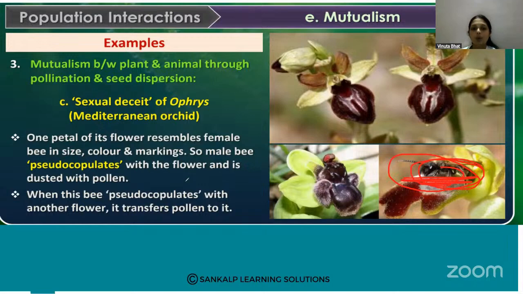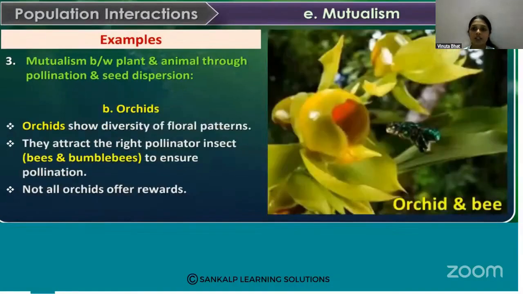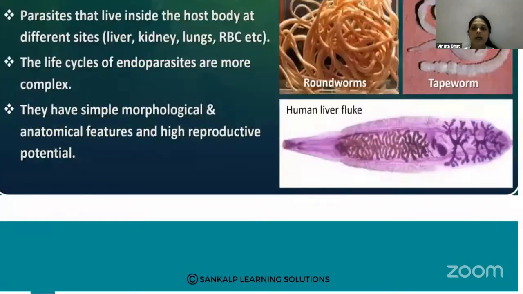So pseudo-copulation takes place between these two. This is the type of interaction that we can see in the Mediterranean orchid. So this is also an example for the mutual relationship between plant and animal through pollination and seed dispersion. These all are very important examples.